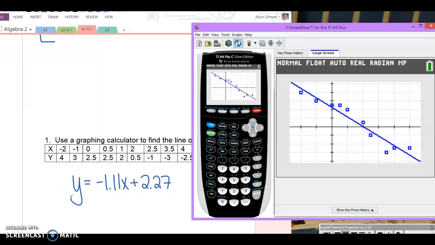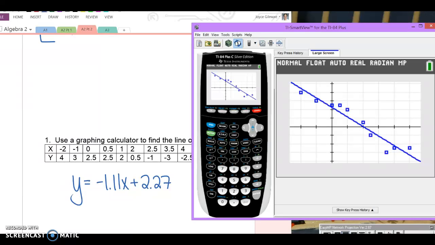Now, you will not have to actually do this on your calculator. That's why I didn't go through the step-by-step process. If you want to know how to do this on your calculator, specifically for those of you who have your own graphing calculator, I will gladly sit down with you one-on-one and show you how to get a scatter plot on your graph, how to get the equation on there.